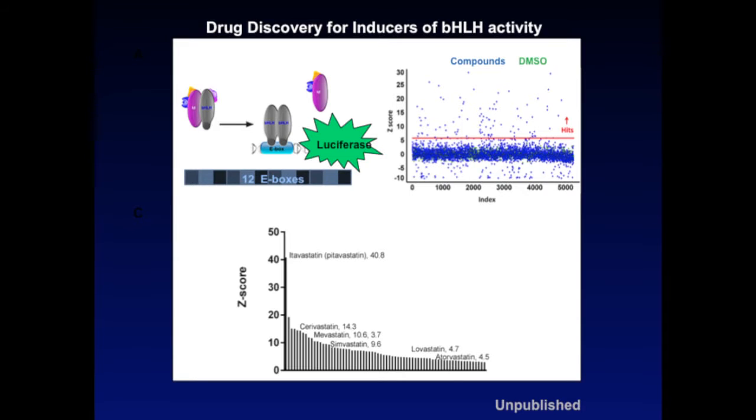What we then did is repeated the screen in triplicate for all the hits above 3 standard deviations from the mean. And what I want to point out here is that the top hit was a statin, and other statins were also hits in the screen, and that this suggests that it's a conserved mechanism in the chemotype.